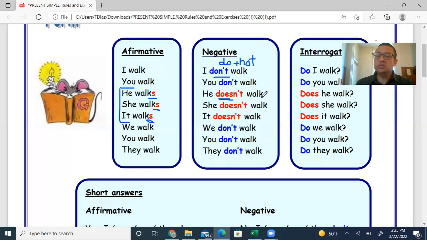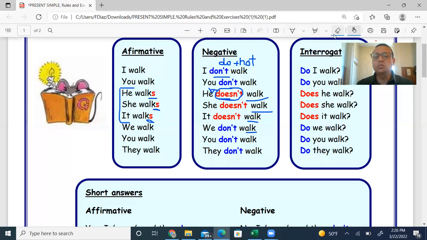So with the third person, this extra verb is the one that agrees with the person, and the main verb stays normal. It does not change. I don't walk. You don't walk. He doesn't walk. She doesn't walk. It doesn't walk. We don't walk. You don't walk. They don't walk.